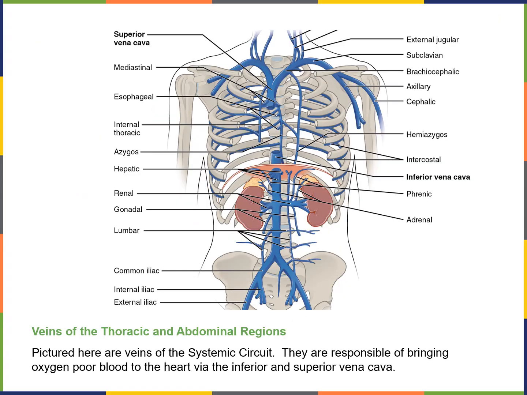When it comes to veins, shown here in blue, the major ones would be the superior vena cava and the inferior vena cava. The superior vena cava collects blood, so deoxygenated blood, from the head, neck, and shoulders, and brings it to the heart. And the inferior vena cava would basically be everything below the thoracic region, collecting all of that blood.